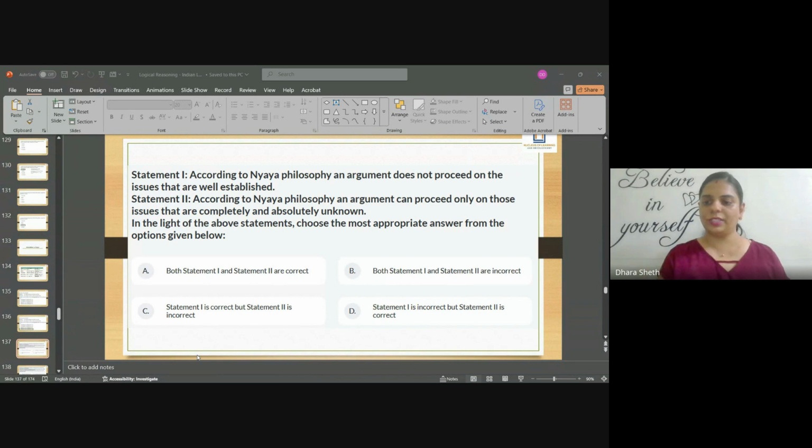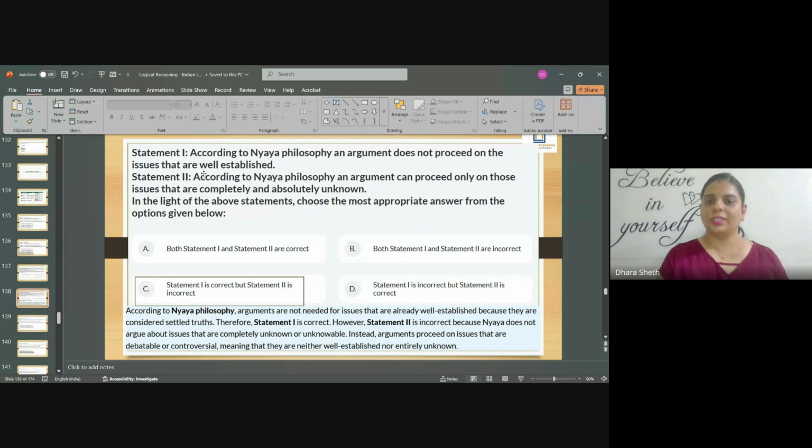It does not proceed on issues that are well established, and it also does not proceed on issues that are completely and absolutely unknown. It only proceeds on issues where there is confusion, where there is controversy, and there is a desire to infer the presence or absence of the reason.